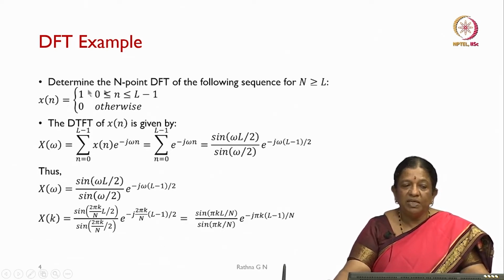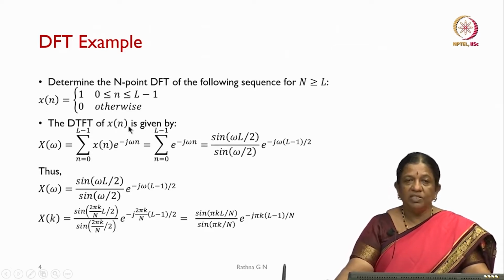We first determine the N-point DFT of the following sequence of length L. x(n) is equal to 1 for 0 less than or equal to n less than or equal to L minus 1, and 0 otherwise. Then we can represent the DFT of x(n) up to length L minus 1.